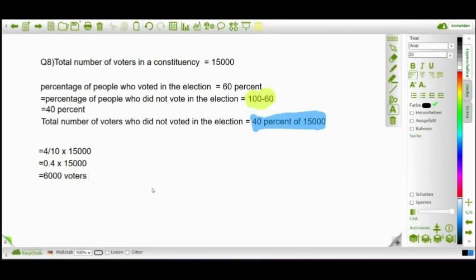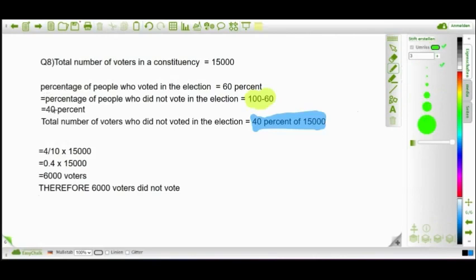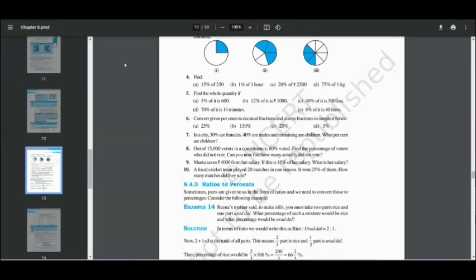So we are going to be writing, in all caps, therefore, 6,000 voters did not vote. अब आप इस पे देखिए कि मैंने यहाँ क्या यूज किया। ये हमारा पहला आंसर 40% है और ये हमारा सेकंड आंसर है। इस चीज से मैंने ये निकाला, तो इसको आपको यूज करना है। And there goes question number 8 down. अभी नेक्स्ट क्वेश्चन आपको एक्सप्लेन करेंगी गौरीशा। So over to Gaurisha.